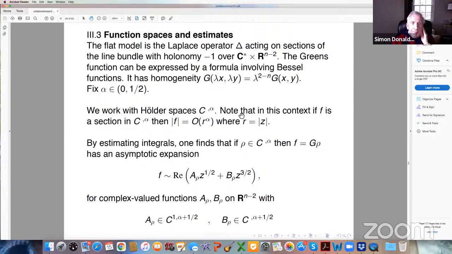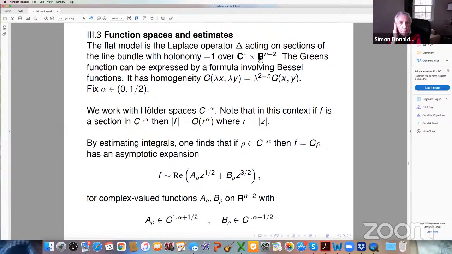The foundation for the analysis is to think about the flat model, which is just taking the Laplace operator on R^n, but we'll think about it as C* times R^(n-2), acting not on functions, but on sections of our standard line bundle with holonomy minus 1 going around the origin times R^(n-2).